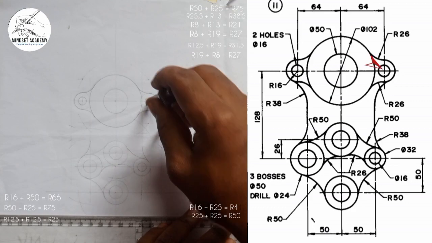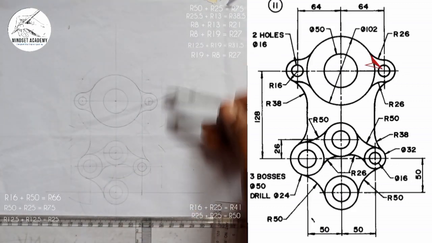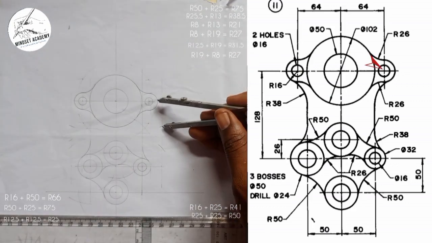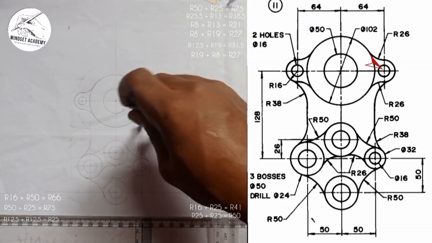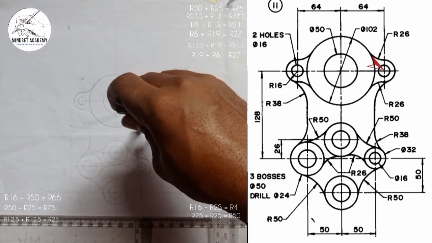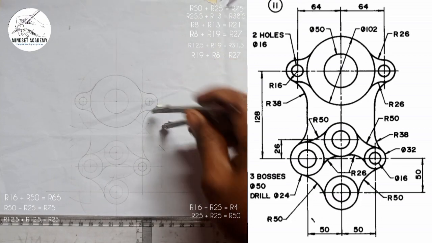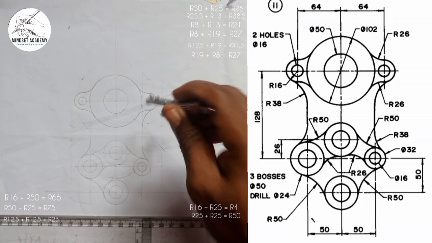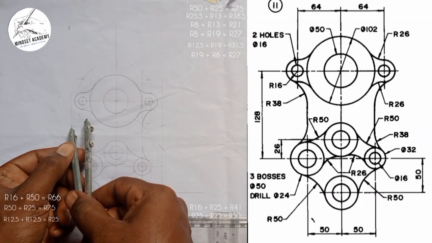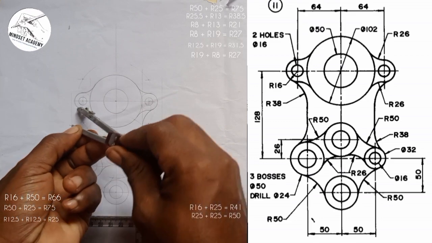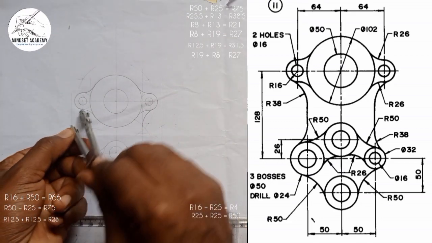And I'll place it at the center point, strike on that arc here, and I'll place at the center point also, strike on this line here. So I'm talking about this line. If I place it at this point, I'm going to draw this way, meeting it this way. I'll come here also. I'm going to draw meeting it this way.